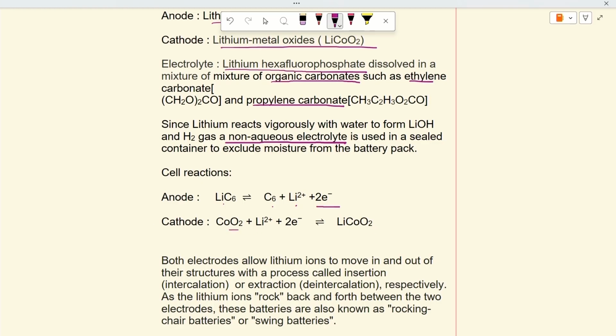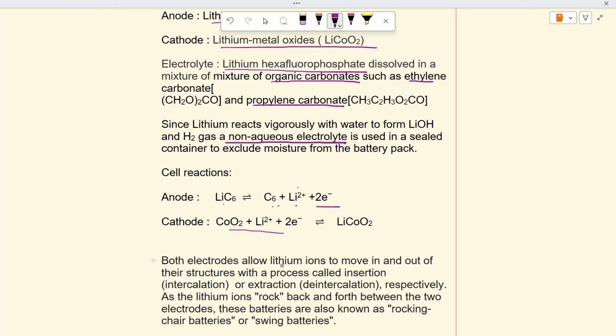Here reduction occurs and here we have the oxidation. Lithium carbide goes as lithium ion. So, that is again an oxidation. In this, lithium ion gets reduced and gets converted into lithium cobalt oxide. So, at one point we are having the oxidation of lithium, the other case there is a reduction of lithium.